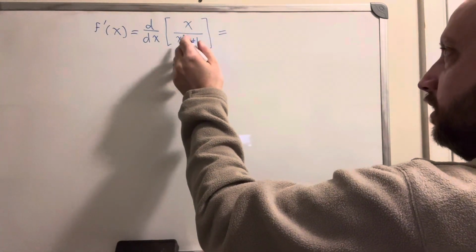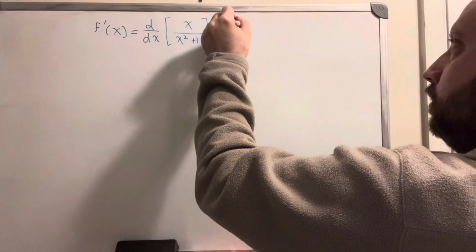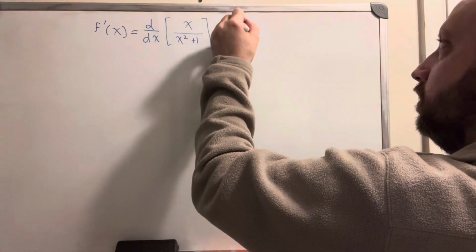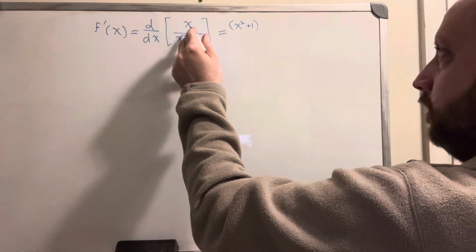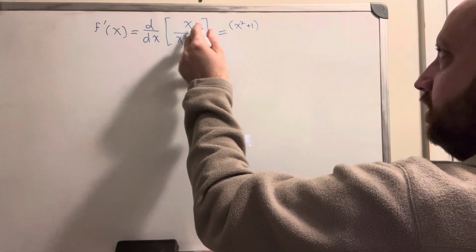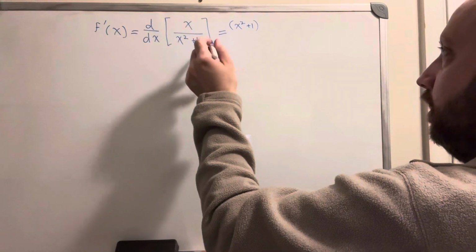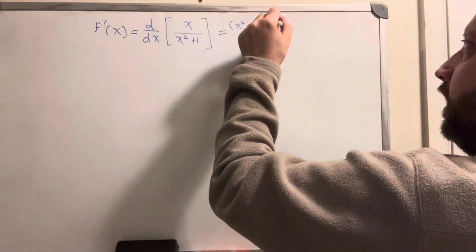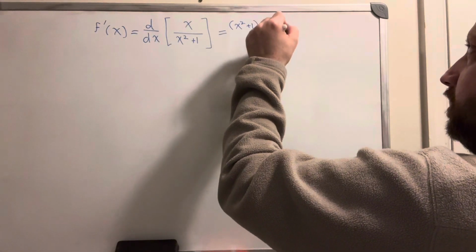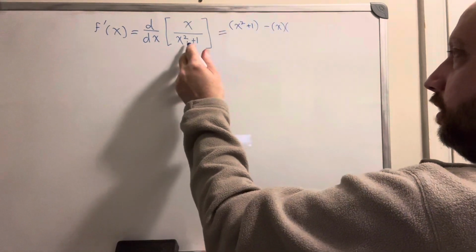Remember, you take the lower function, low, times the derivative of the higher function. In this case, it's just 1, so I'll just leave it. And you subtract the higher function, which in this case is x, times the derivative of the lower function.